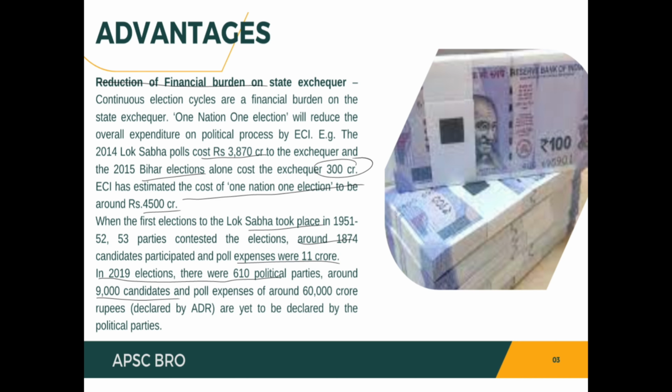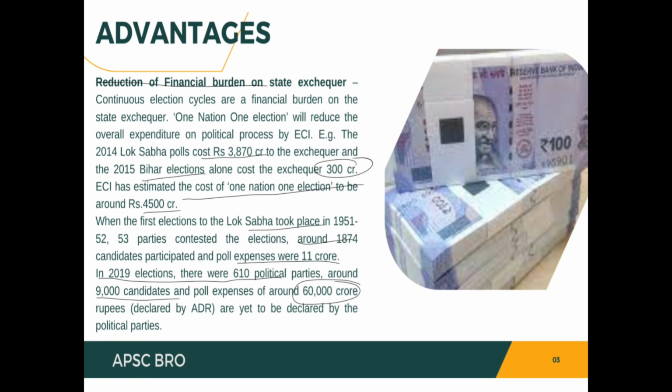Every party, when taking part in an election, will spend a lot of money on campaigning and other expenses, right? It is estimated that in 2019 around 60,000 crore rupees was spent by all the political parties together, which is a huge amount for a developing country like India.